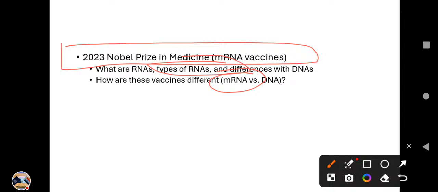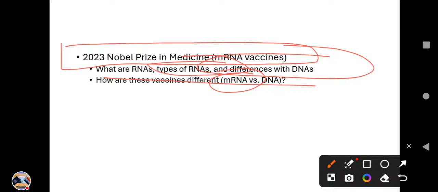What are the types of RNA and the differences with DNA? You already know about RNA and DNA. DNA is a double stranded deoxyribonucleic acid, and RNA is a single stranded structure.